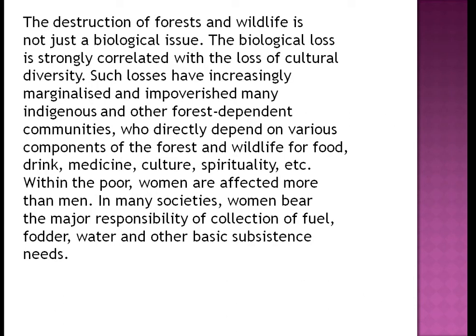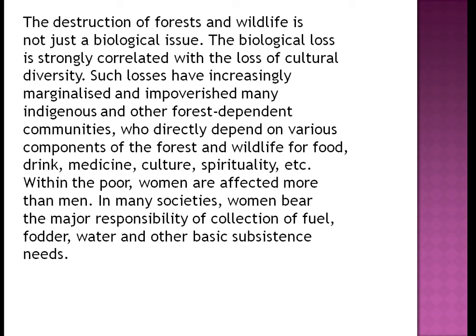The concluding point: the destruction of forest and wildlife is not just a biological issue. The biological loss is strongly correlated with the loss of cultural diversity. Such losses have increasingly marginalized and impoverished many indigenous and other forest-dependent communities who directly depend on various components of the forest and wildlife for food, drink, medicine, culture, spirituality, etc. Within the poor, women are affected more than men.